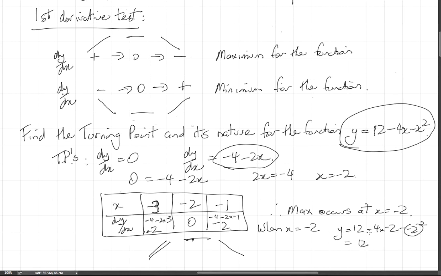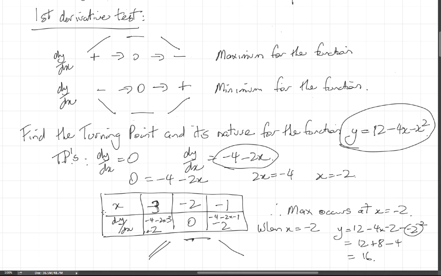So it'll be 12 plus 8 minus, now negative 2 squared is positive 4, so minus 4. And that will be equal to 16, I think, is it? So the value of the function is equal to 16 when x is equal to negative 2. And indeed it is a maximum then.